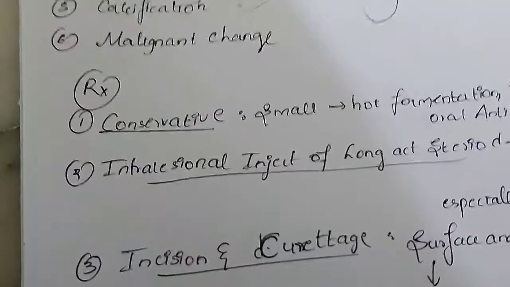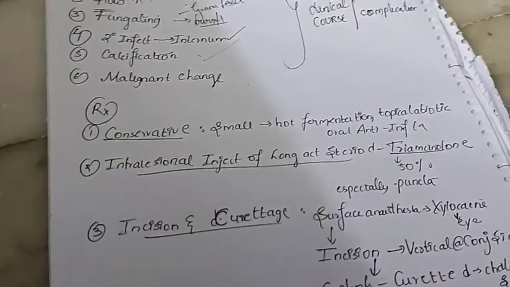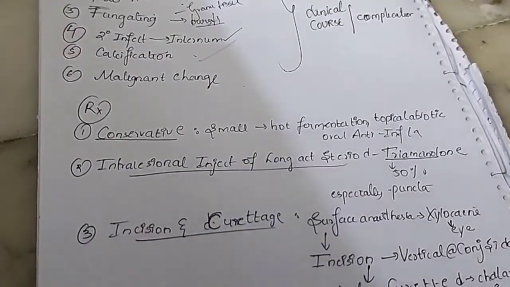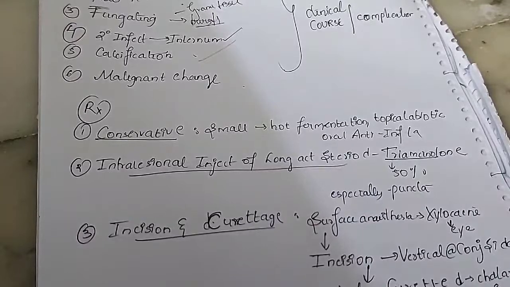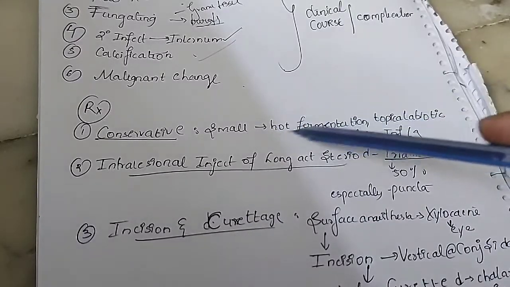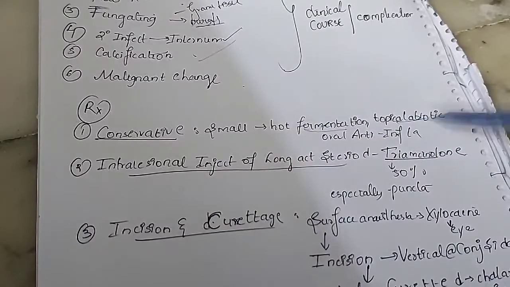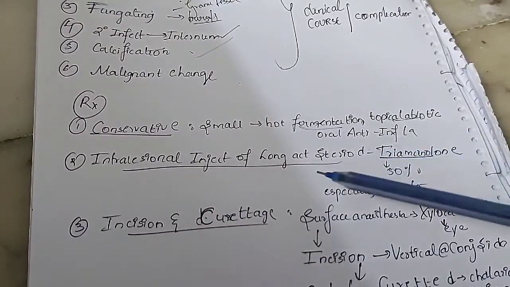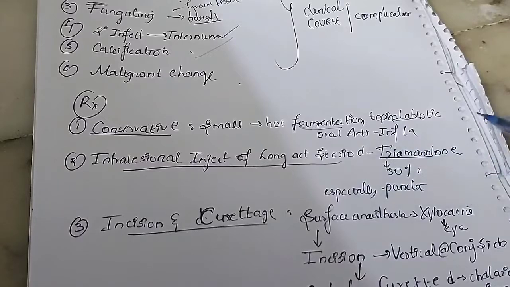So the first treatment will be conservative. If the chalazion is small in size, self resolution can be awaited, with hot fomentation, topical antibiotics, antibiotic eye drops and anti-inflammatory drugs. Right. Next is intralesional injection of long-acting steroid like triamcinolone, especially when the chalazion is located near the puncta.